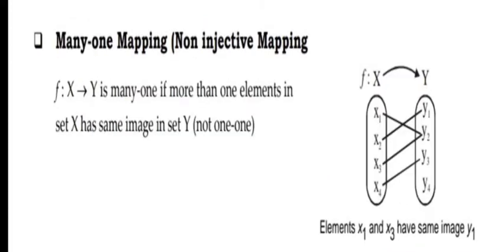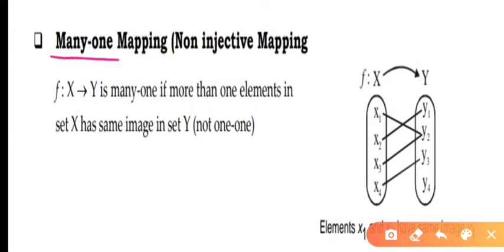Next, many-one mapping. Here again the name itself indicates many to one. In the previous case it was one to one, now it is many to one. Let's see what it says.